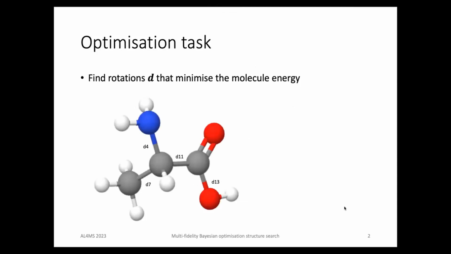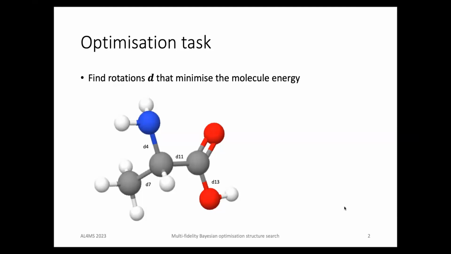And I wanted to start with the structure search task considered in this presentation. So we have this alanine molecule, and here we focus on the 4 rotatable bonds that are marked in the picture. And the idea is that we fix everything else about the molecule structure, and then we find the rotations that minimize the potential energy of the molecule.